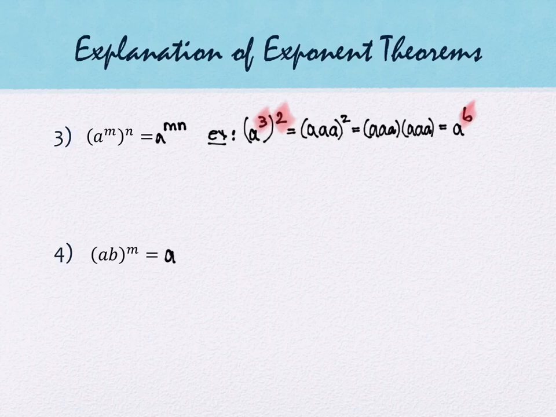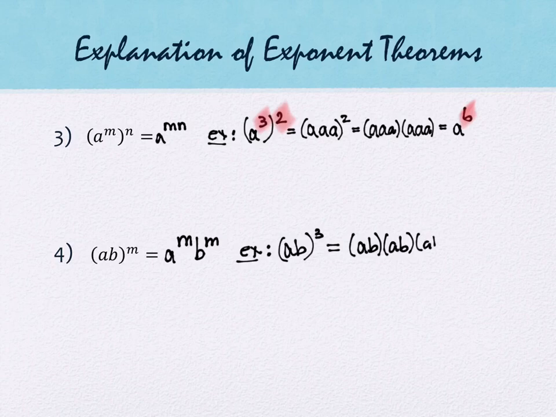Number 4 says that I should end up with a to the m, b to the m. So we're going to do AB cubed. So cubed means I have AB times AB times AB, like that.